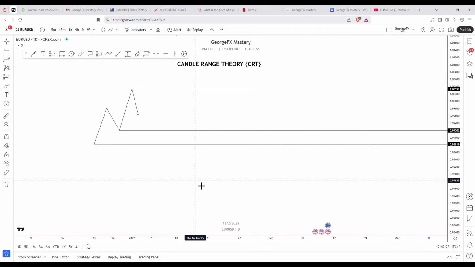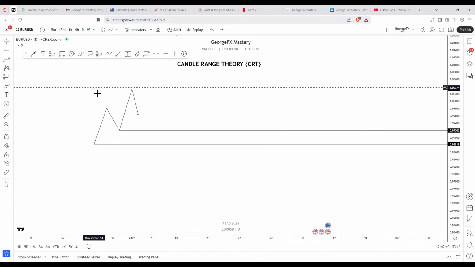Of course, the lower time frames can give you very clear sniper entries, but for clear market precision, you have to have a higher time frame bias.